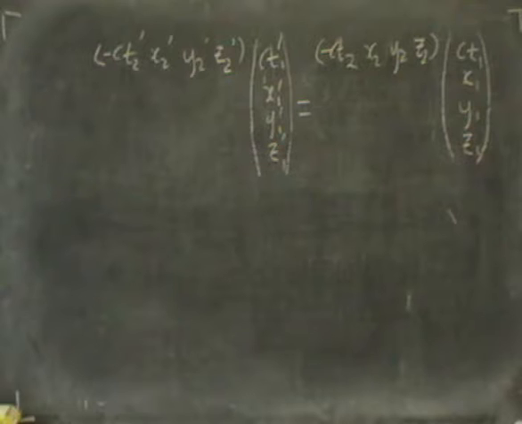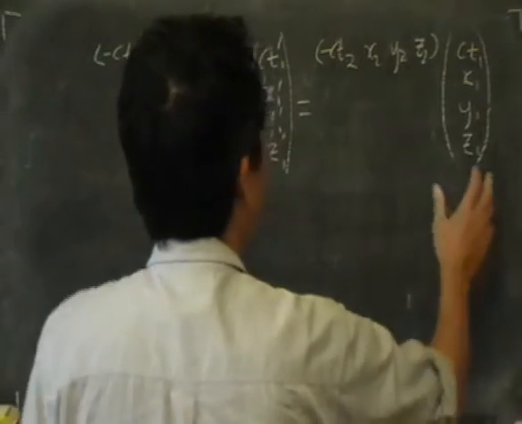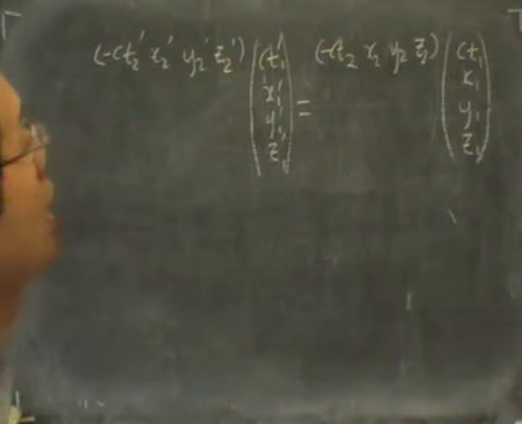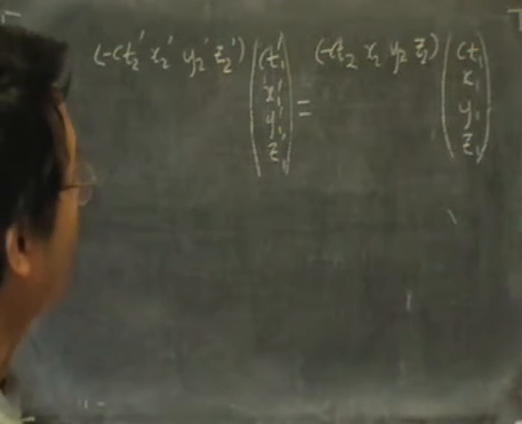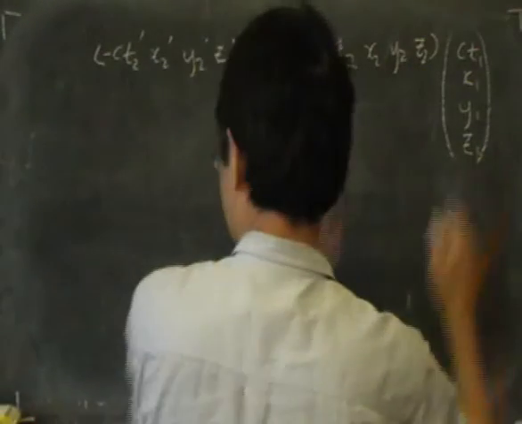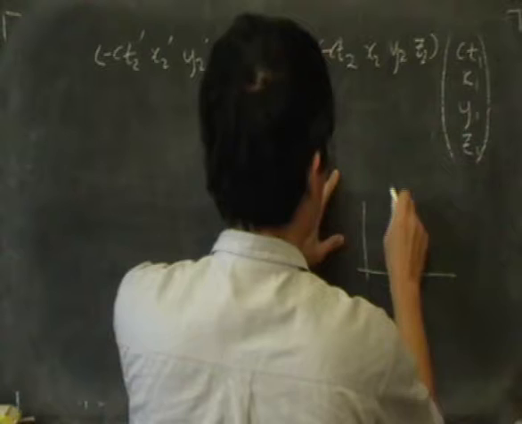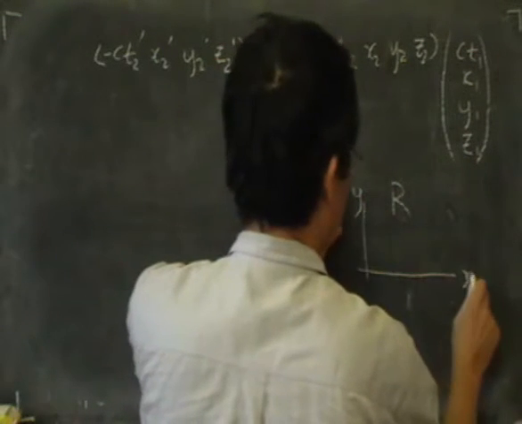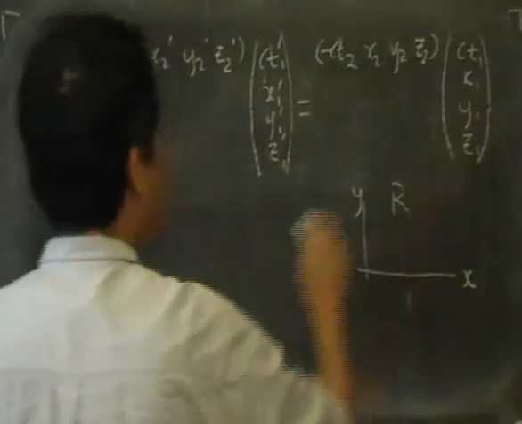Let's look at this and think about it a bit. On one side here, I have the coordinates in a certain frame of reference. Let's say that's the frame R with coordinates x and y and so on, without the primes.